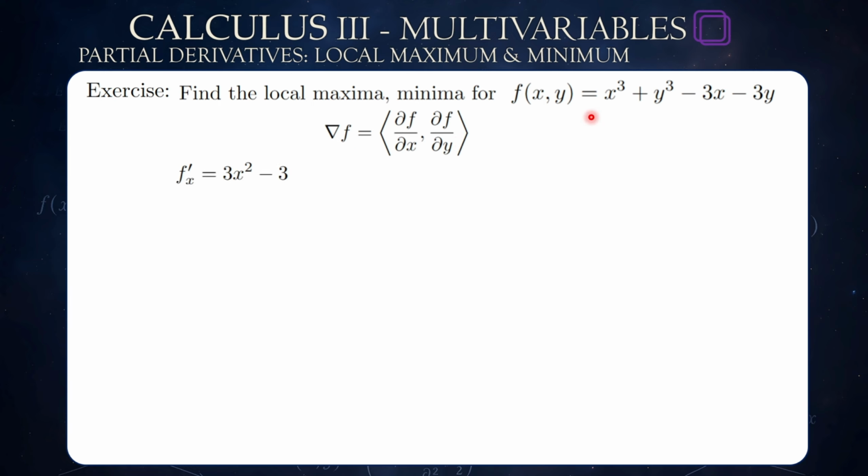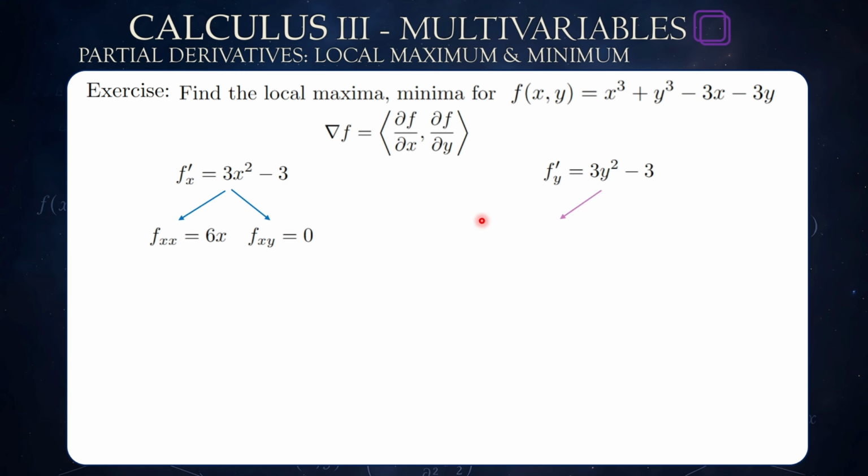f prime x is equal to 3x^2 minus 3. Then f prime y is equal to 3y^2 minus 3 as well. Then the second derivatives: fxx is equal to 6x, fxy is equal to 0 because we don't have any y component in this derivative.